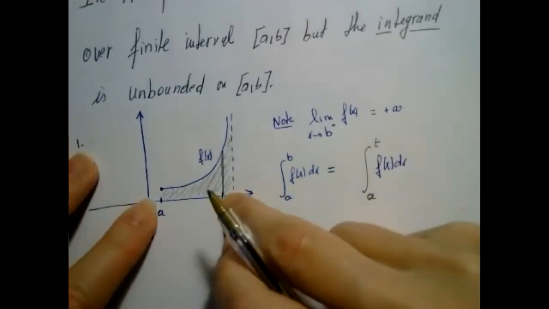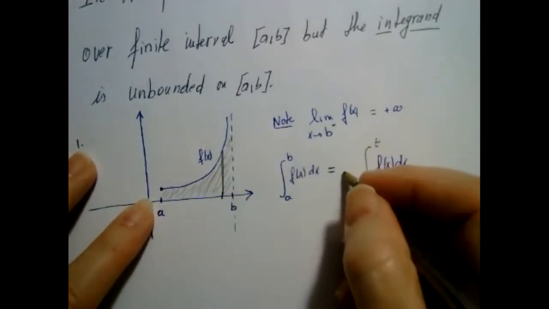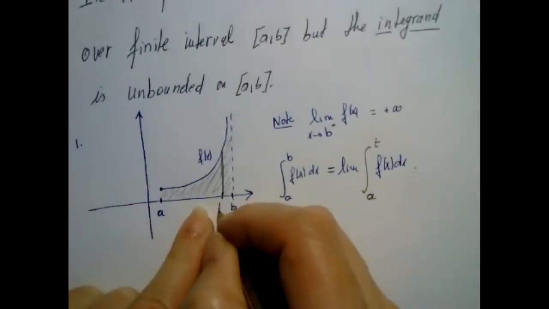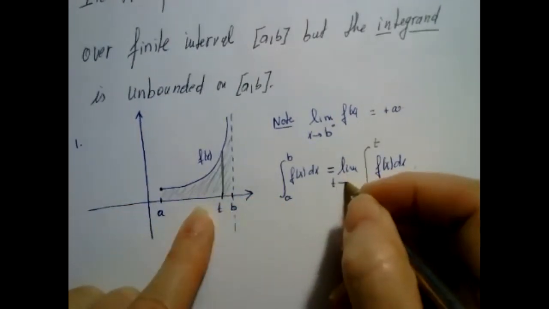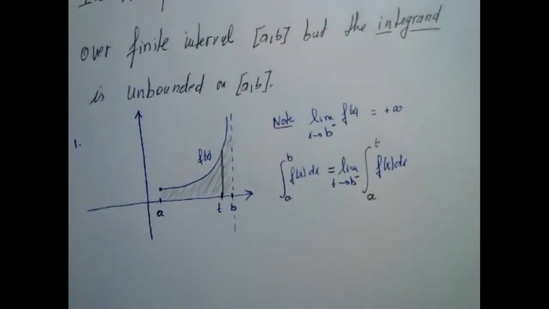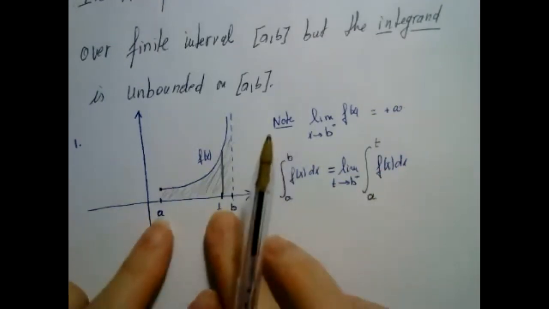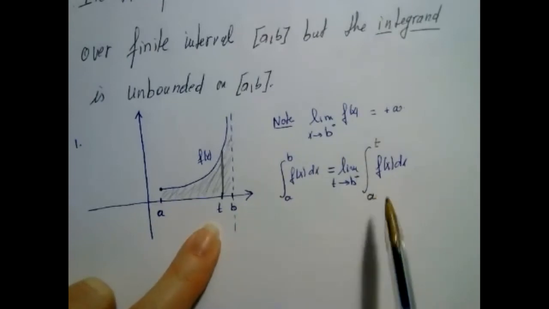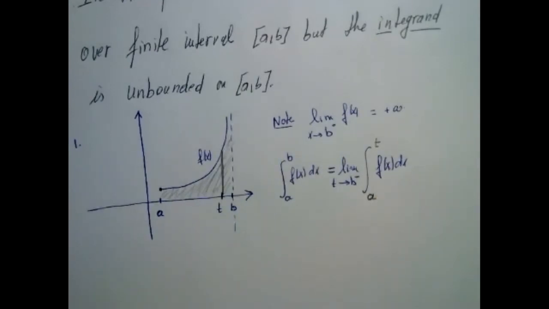We compute the integral up to here, and then we take the limit as t becomes close to b from the negative. So that's going to be our definition: we compute the integral from a to t, where t is a number close to b, and then we let t go to b from the negative.